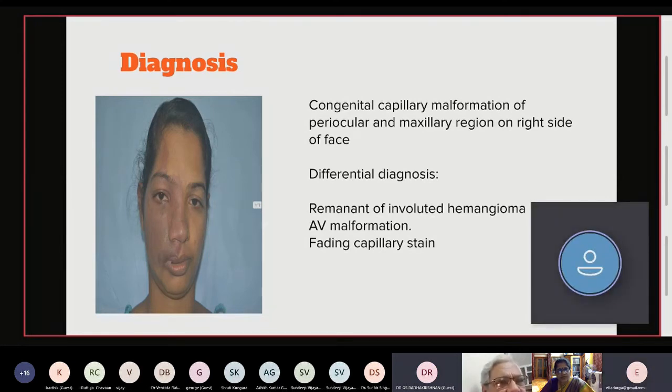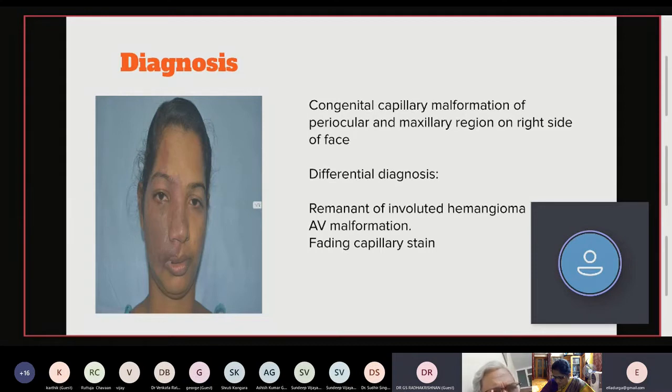First, I would tell her that it is going to persist, sir. And second, I would like to tell her that it is going to have complications like chances of pyogenic granuloma and eczematic changes or cobblestone changes.